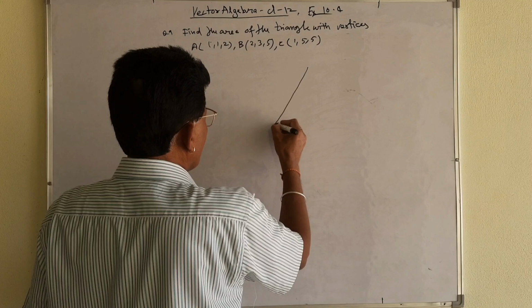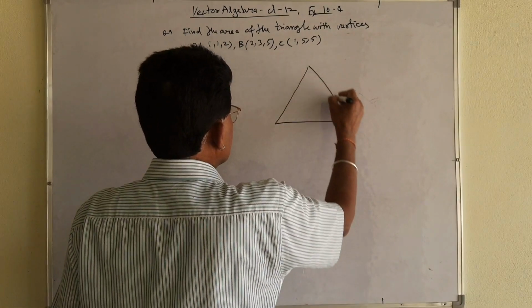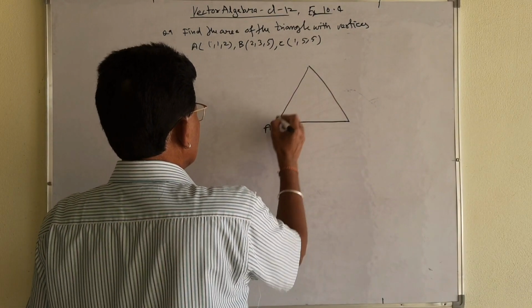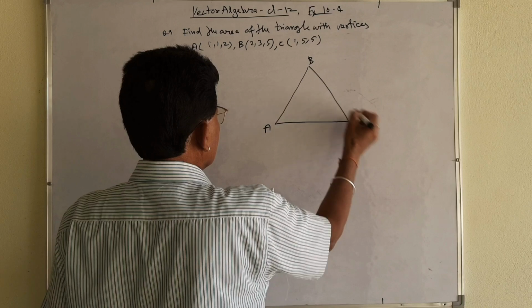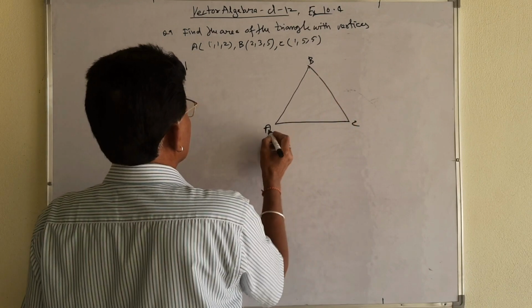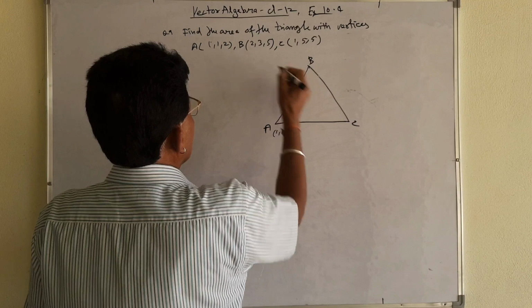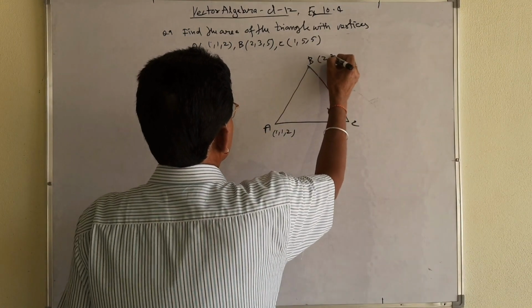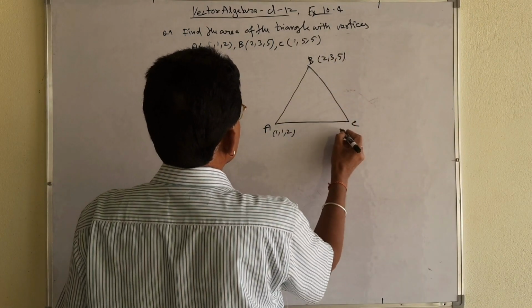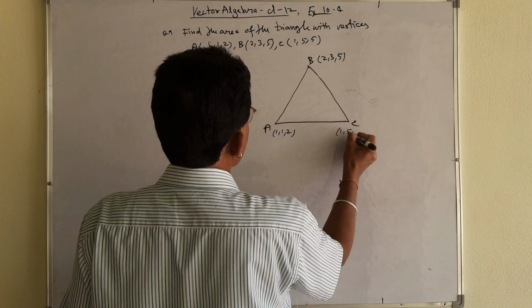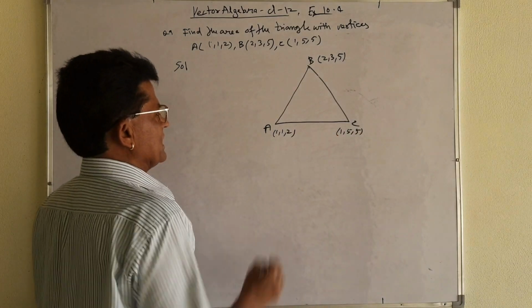Let me take this is a triangle whose vertices are given: A, B and C. Point A is (1, 1, 2), and B that is (2, 3, 5), and C that is (1, 5, 5). Most important question I am telling you.